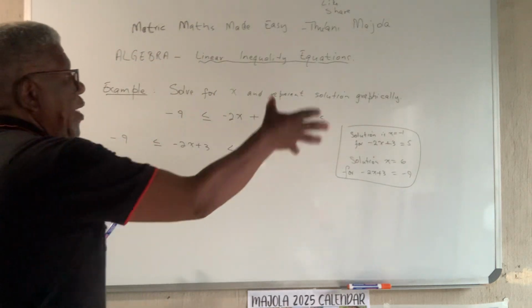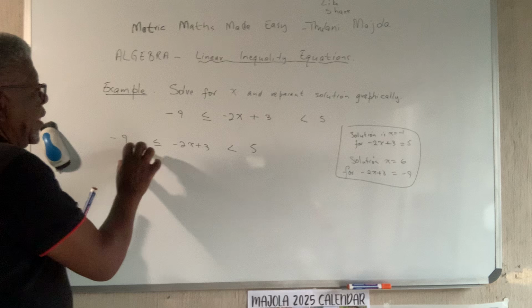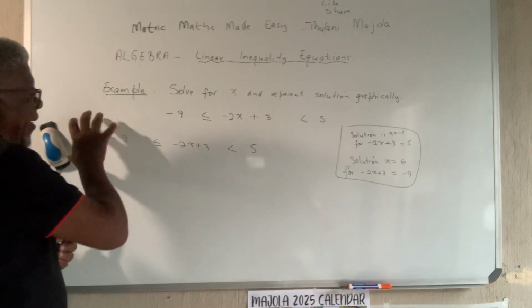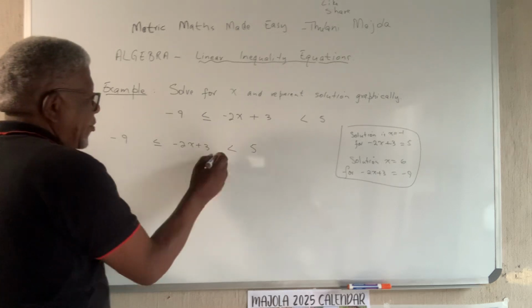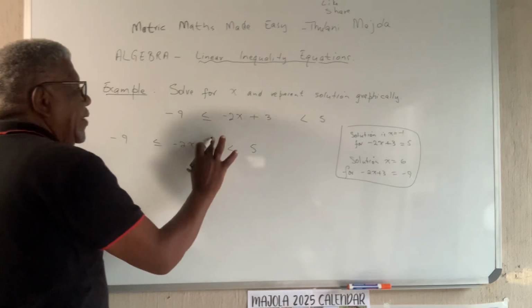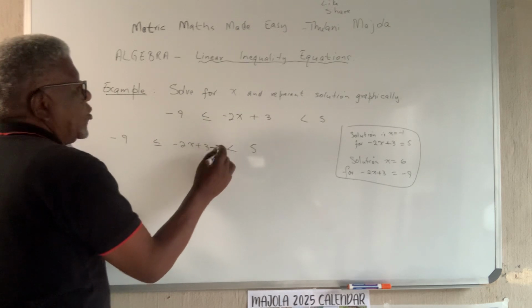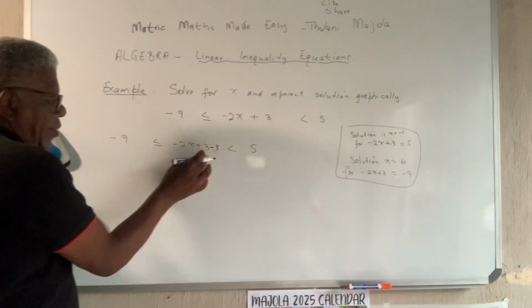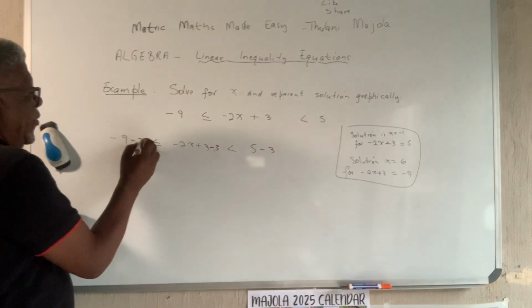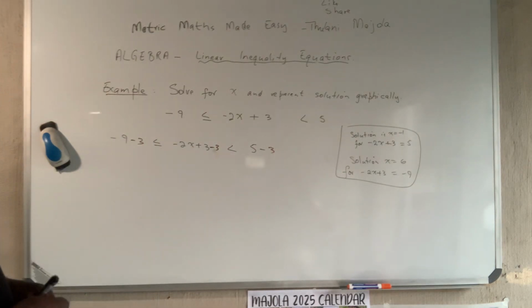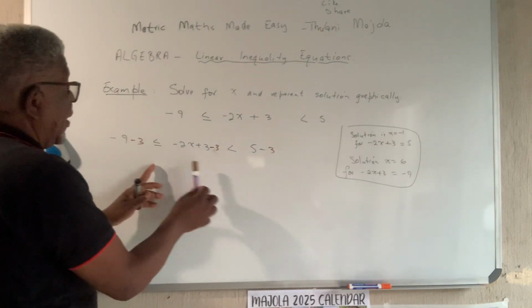So now let's do it combined. We've got the middle, the left, and the extreme right. You start isolating x by separating the 3. Whatever you do on the middle, you do on the left and on the right side, so that the inequality remains true.